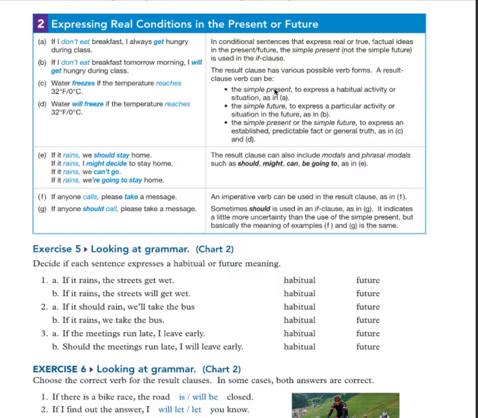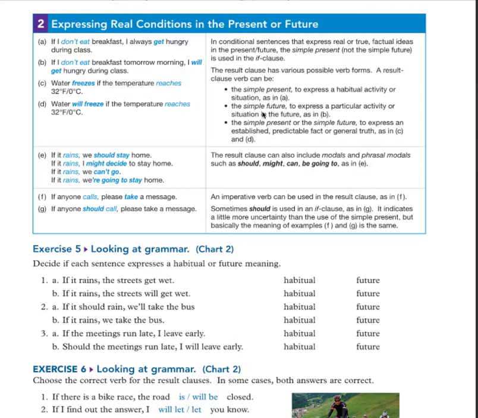A result clause can be, first one, a simple present to express a habitual activity or situation, something that happens frequently. It's habitual. We learned that in level 1. And you use simple present for things that are repeated actions or habitual activities.